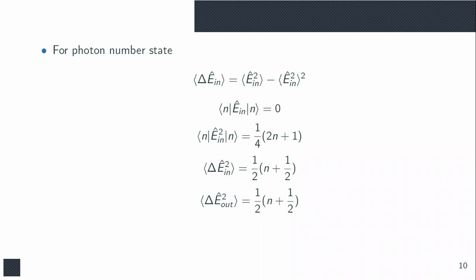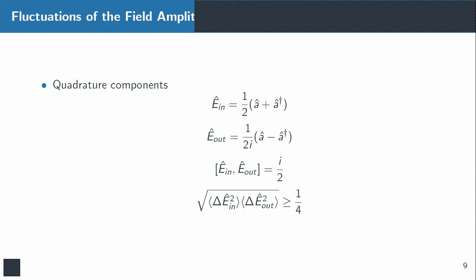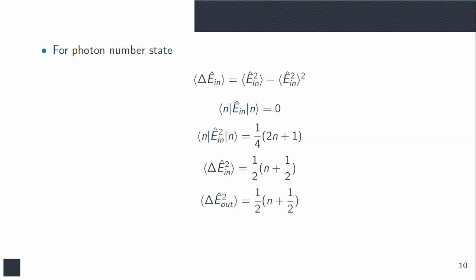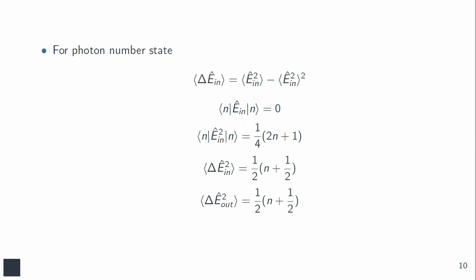They could be calculated quite easily using the form of the annihilation operator, and how the annihilation and creation operators affect the given photon number state. Using these values, we could calculate the fluctuation of the in-phase and out-of-phase field operators.